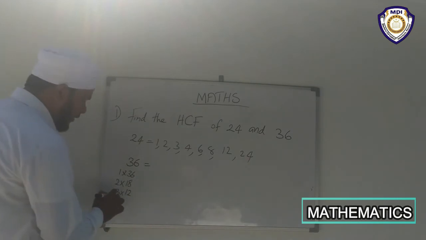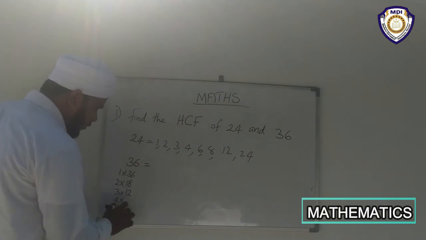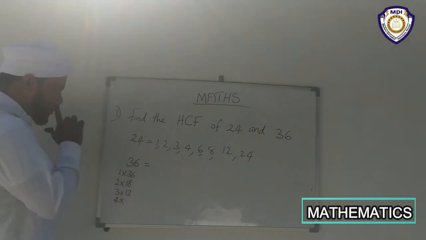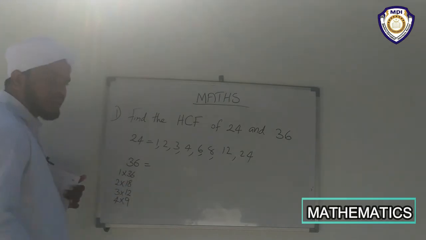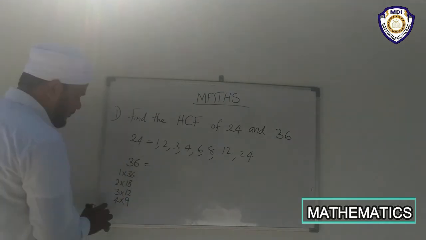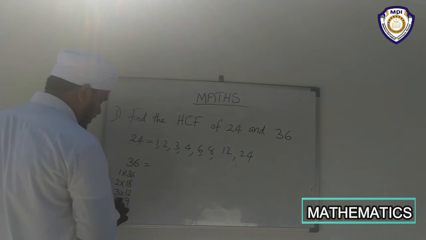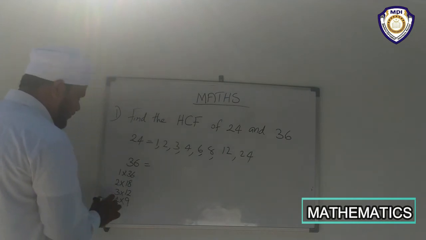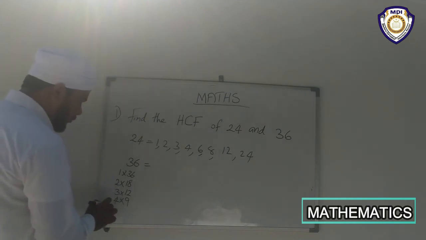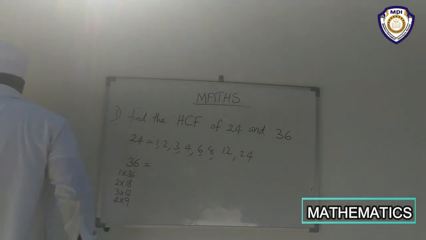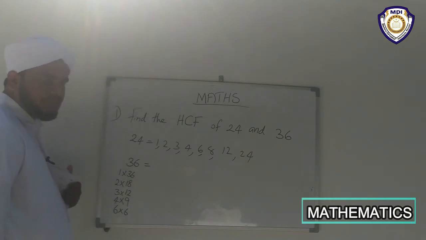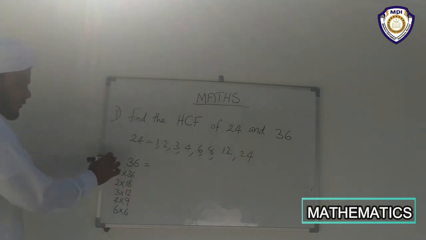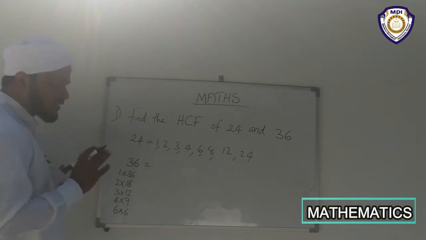Okay. Then 4 into 9, 36. Then 6 into 6, 36. Then these are the factors of 36.